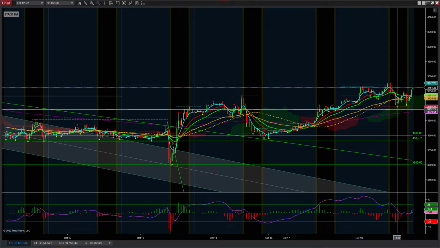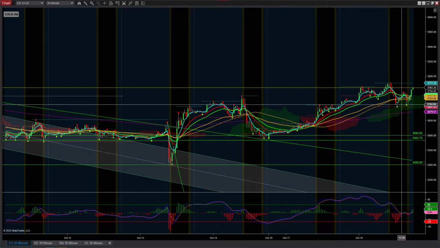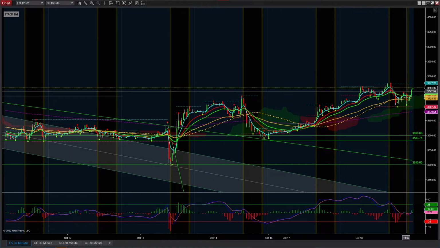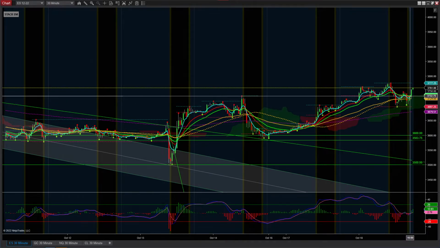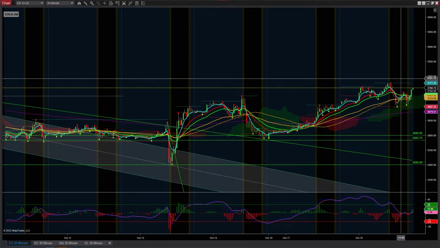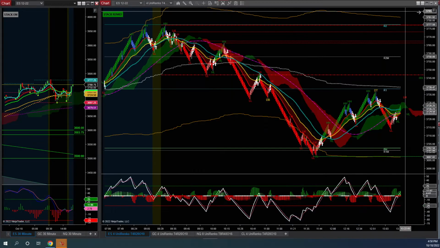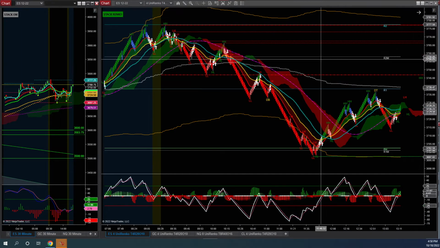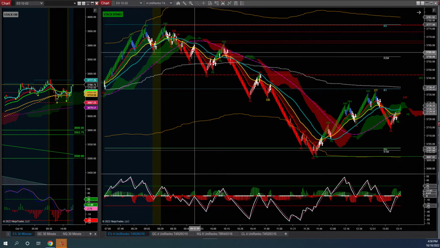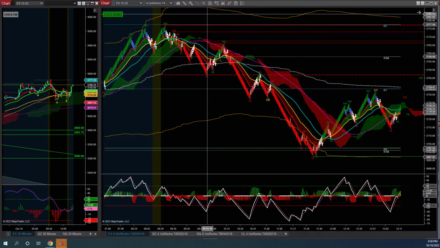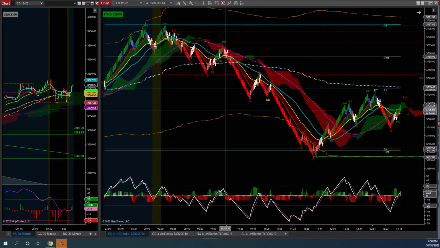Then after the market closed, there was a push to the upside as well. So let's look at the opportunities in today's session for ES.